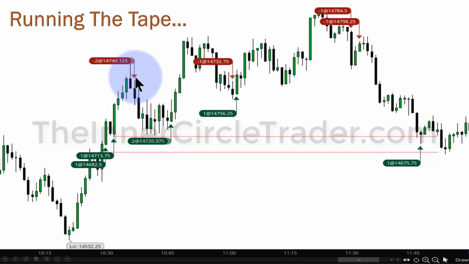So I'm selling short here, and I'm buying long here. 740 to 720, that's 20 handles. Going long here at 720, I'm abbreviating the number just for brevity's sake. Getting out at 732, 12 handles. Then going long here, 756, and then getting out at 784 and a half. Then going short at 798 and covering at 675.